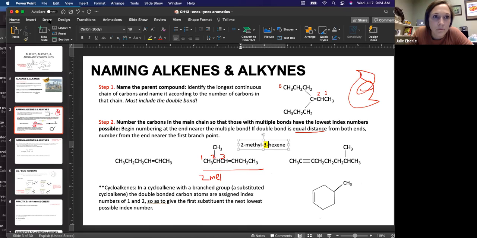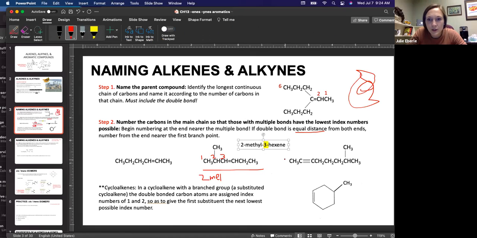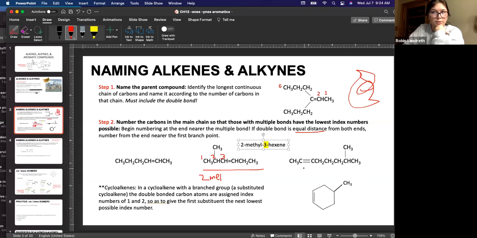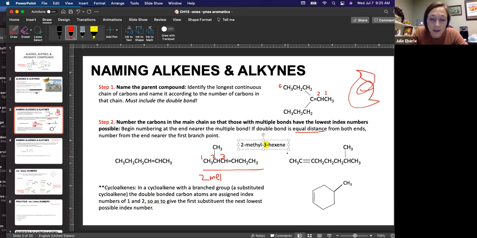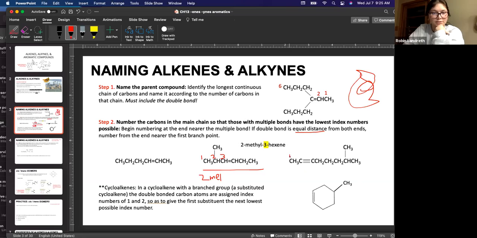If we're going to do this one, which end should we start numbering on? Do y'all think we should start numbering over here on the left or down here on the right? This one's closer to the first branch point, but this one is closer to the triple bond. We're going to start numbering right here, the one closer to the triple bond.